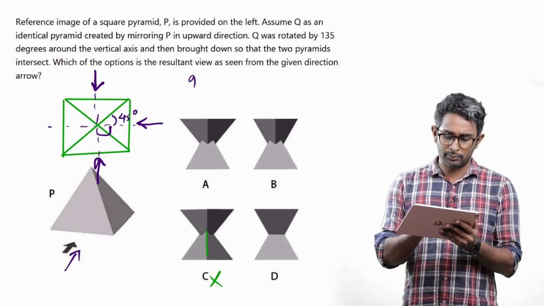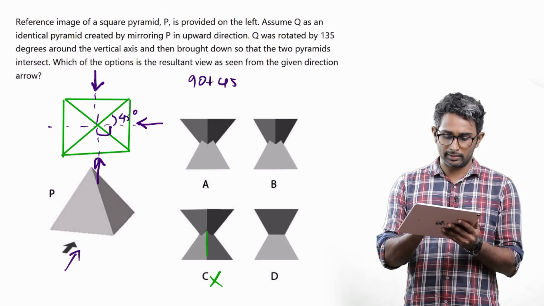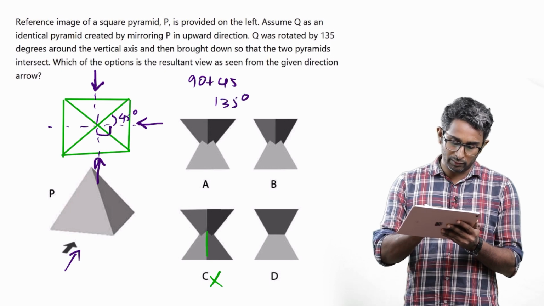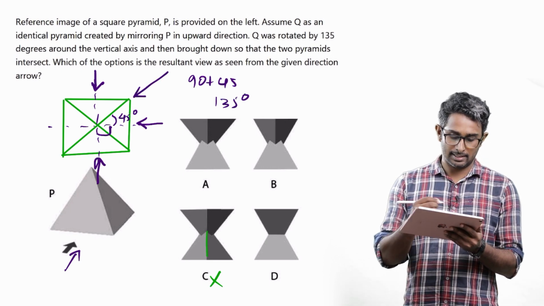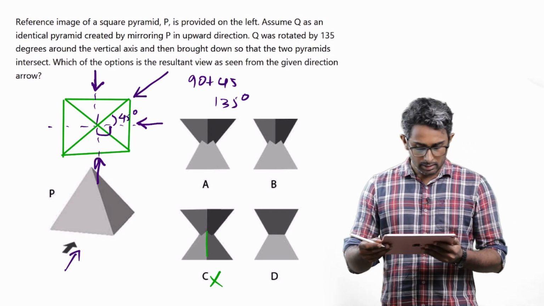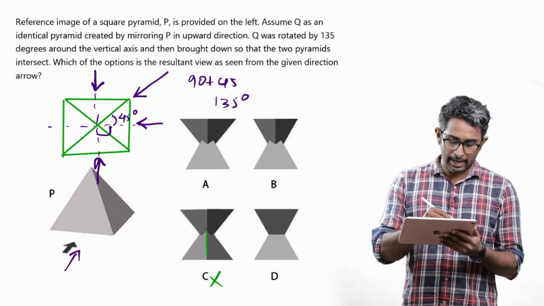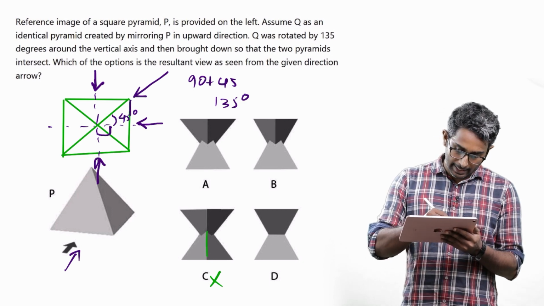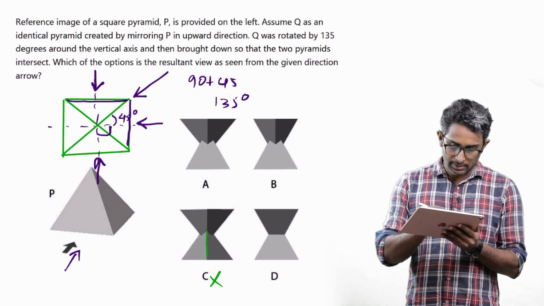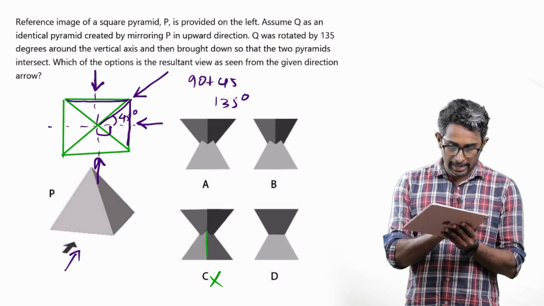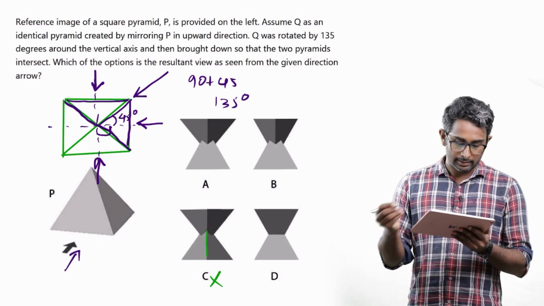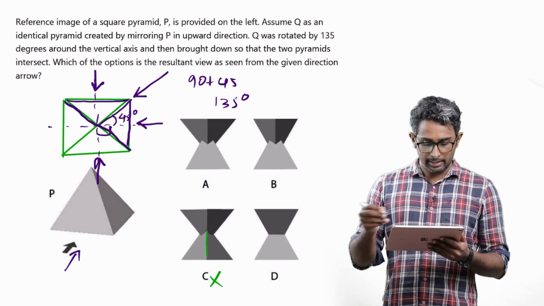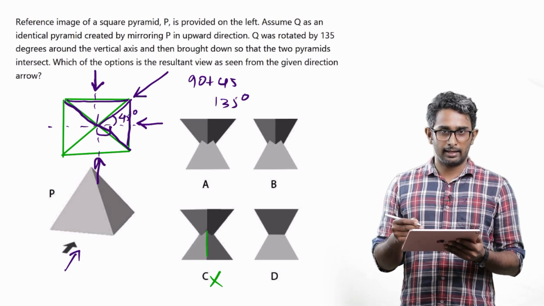So 90 plus 45 is 135 degrees, and the viewpoint will be coming in this direction. If you are viewing from this angle, which edges are visible? I think this edge, this edge, this edge and the diagonal. These 4 edges will be visible at the 135 degree angle.